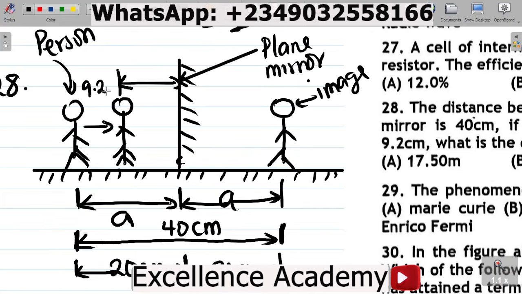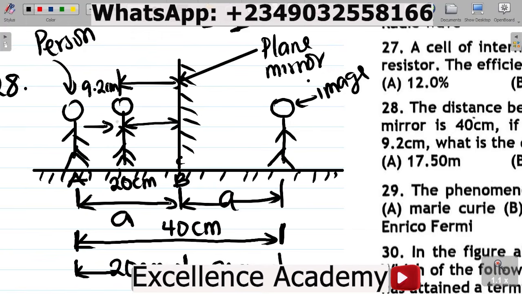Now, the question will be, what's the new distance of the person or the object to the mirror? We know very well that the distance, let's call this point A and this point B, from A to B is about 20 cm.